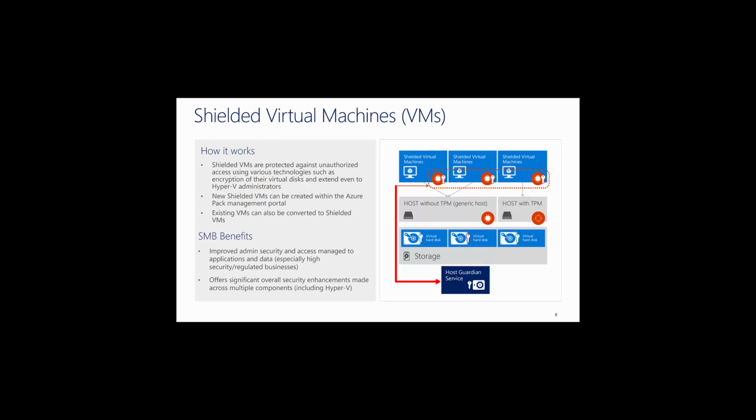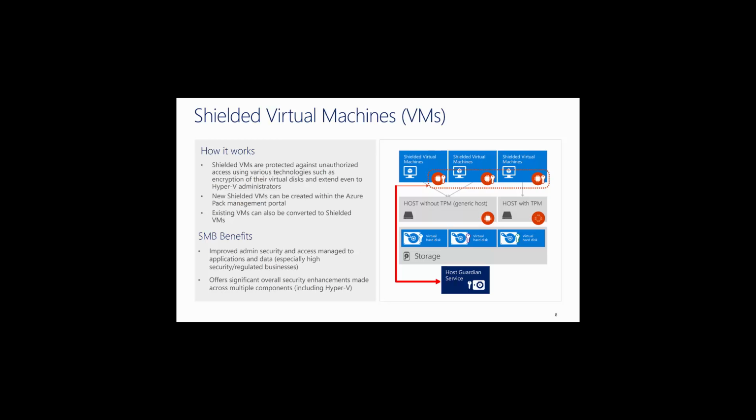So what we can do is create shielded VMs, and we can convert existing VMs to shielded VMs. What we're effectively doing is authorizing the release of encryption keys that will be used to shield these virtual machines.